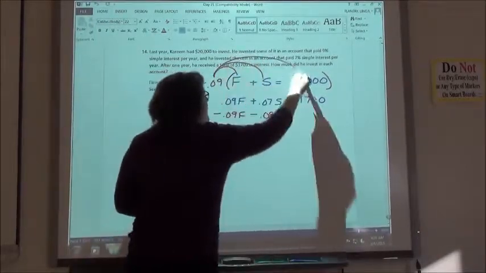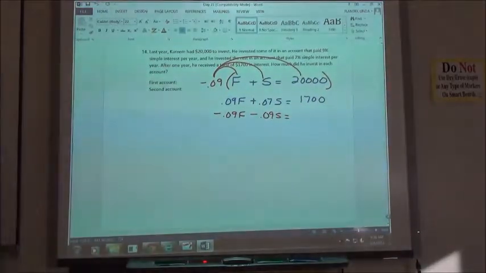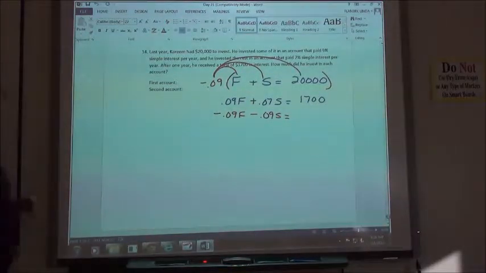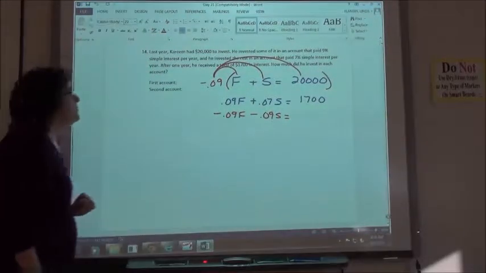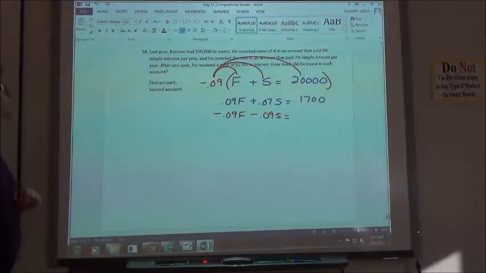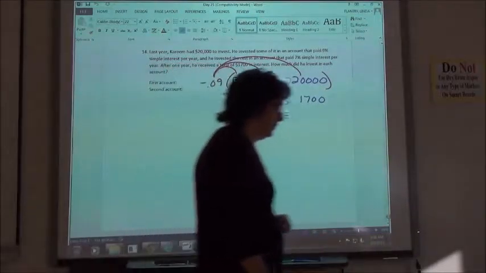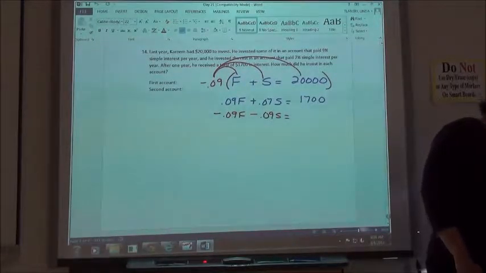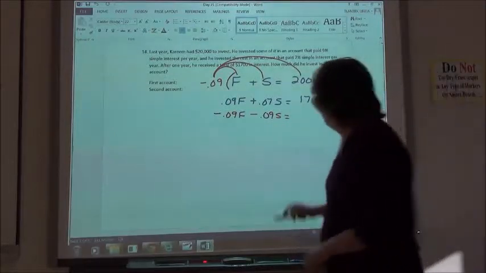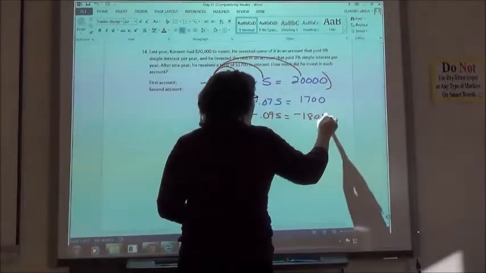And then we have to take negative 0.09 times that 20,000 on the end. I'm getting negative 1,800. How about you guys?